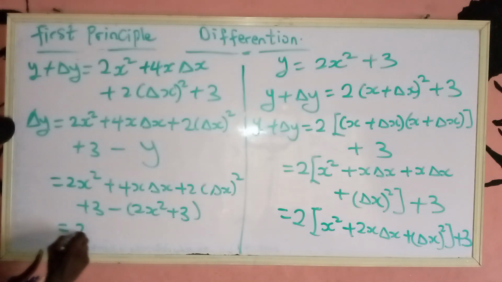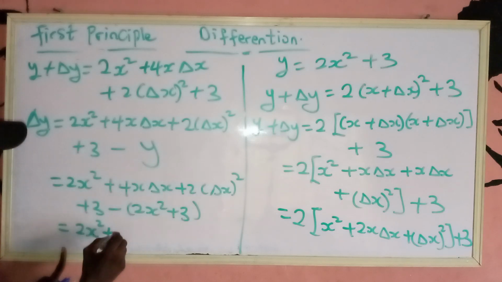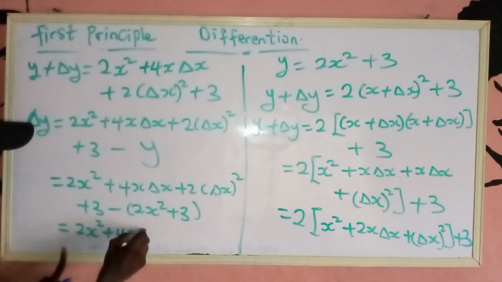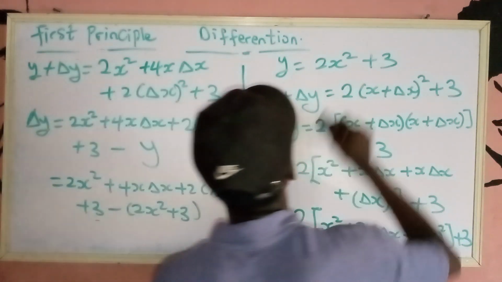And in that case, that becomes 2x squared plus 4x change in x. Okay, I'll be writing it here to make it clearer.